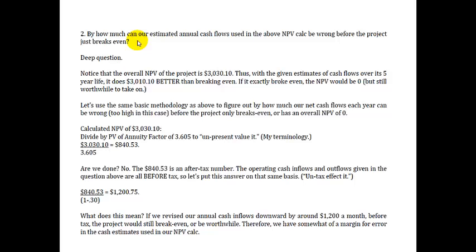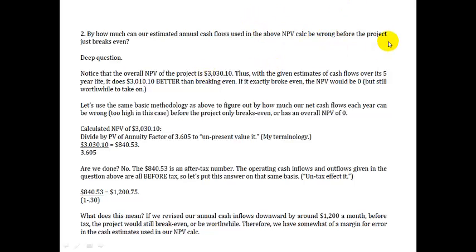If you look at the solution, we ended up with a net present value of that project of $3,030.10. And so it wasn't zero. If we had a net present value of 0, that means the project would already be at break even, and all of the cash flows used in that calculation are just the bare bones to even get the project to break even.